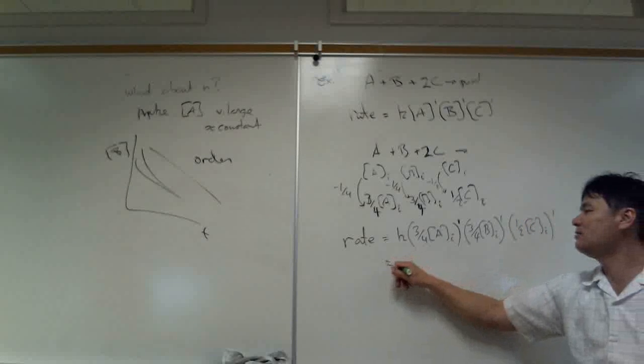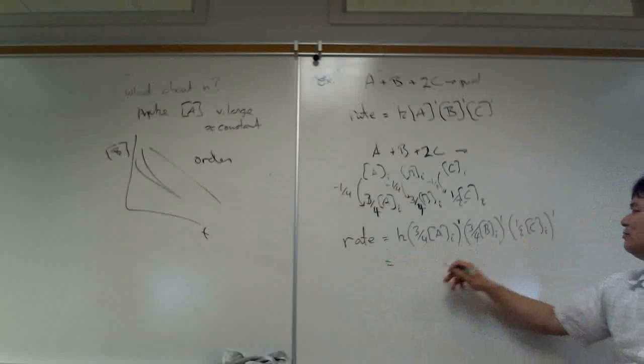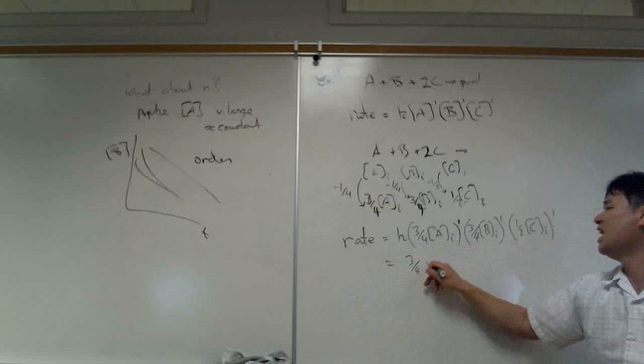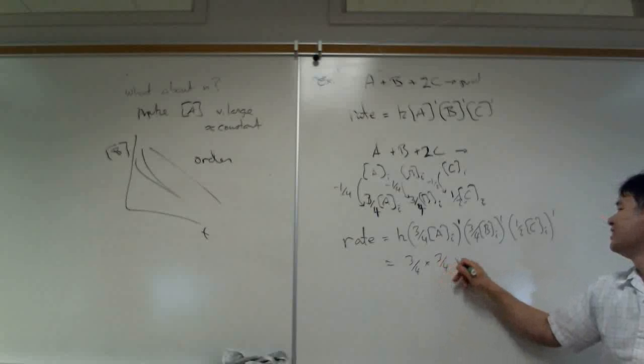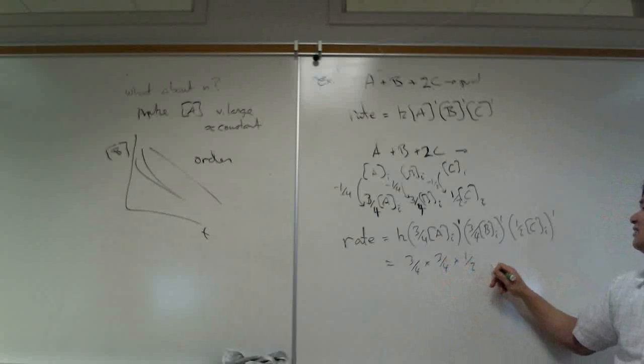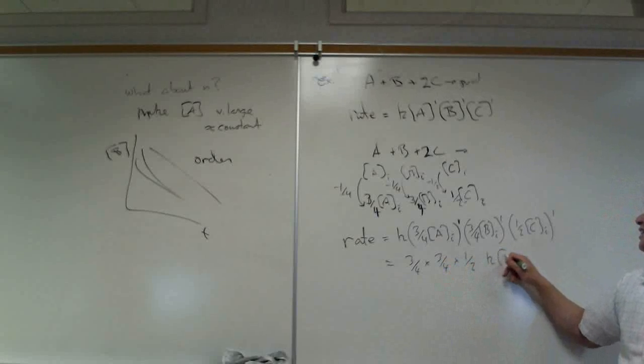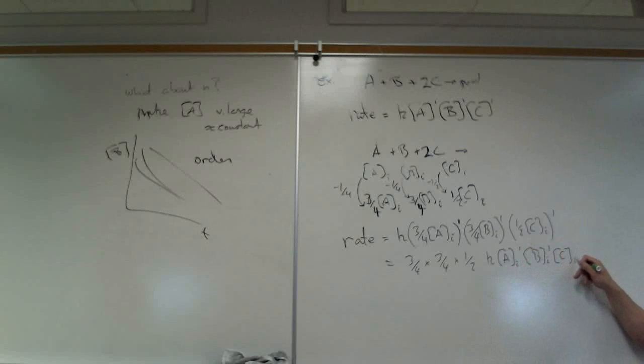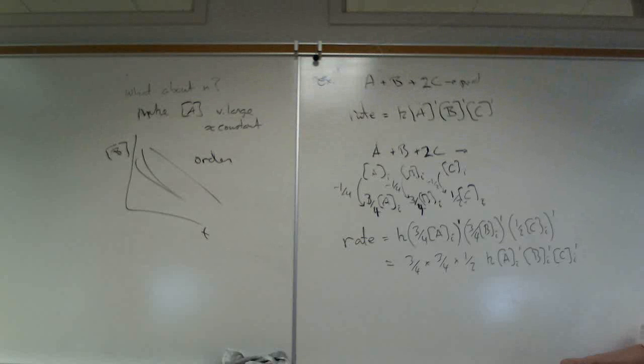And so the composite effect is going to be here. We're going to factor out these coefficients here. So it's going to be 3/4 times 3/4 times 1/2, K, A initial to the first, B initial to the first, and C initial to the first.